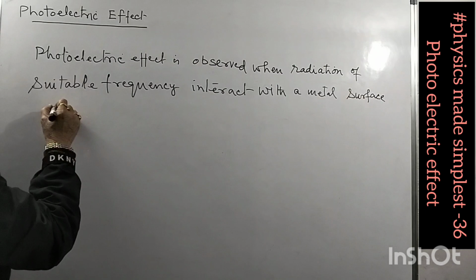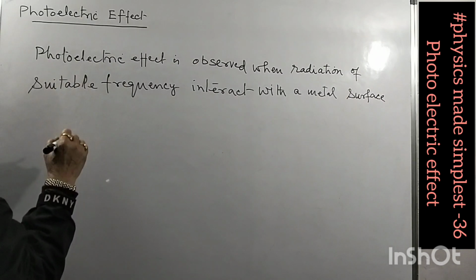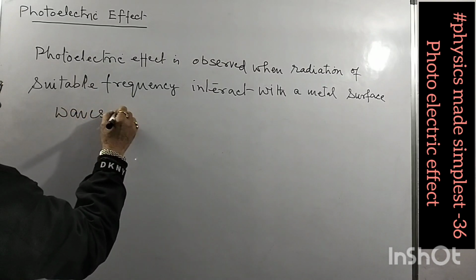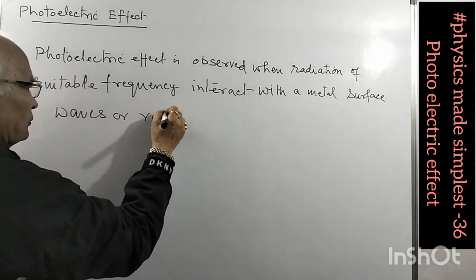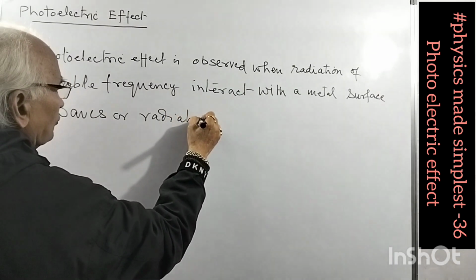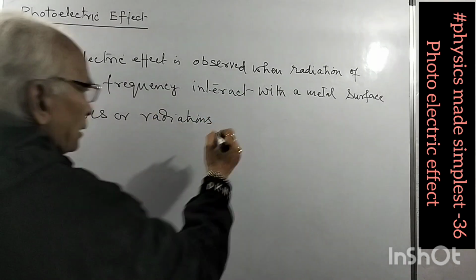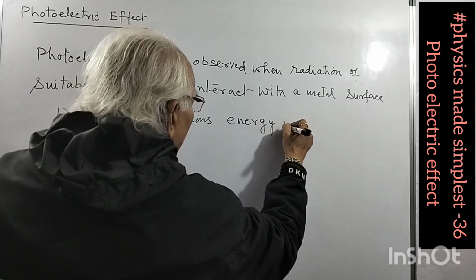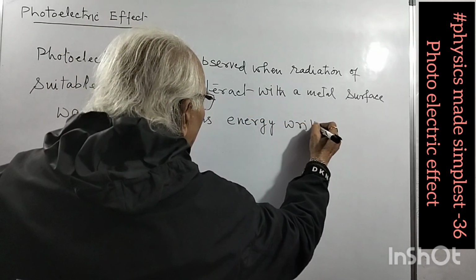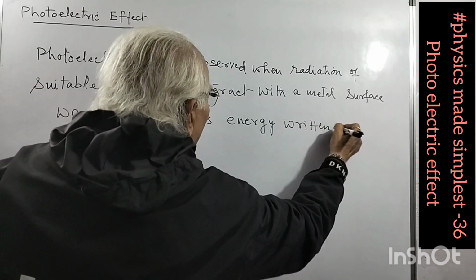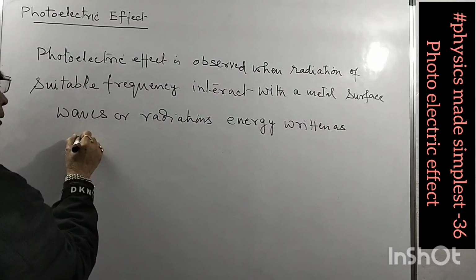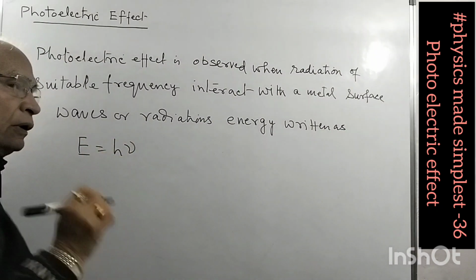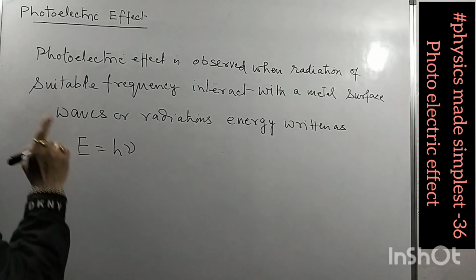Energy is written as E is equal to h nu, where nu is the frequency and h is the Planck constant.